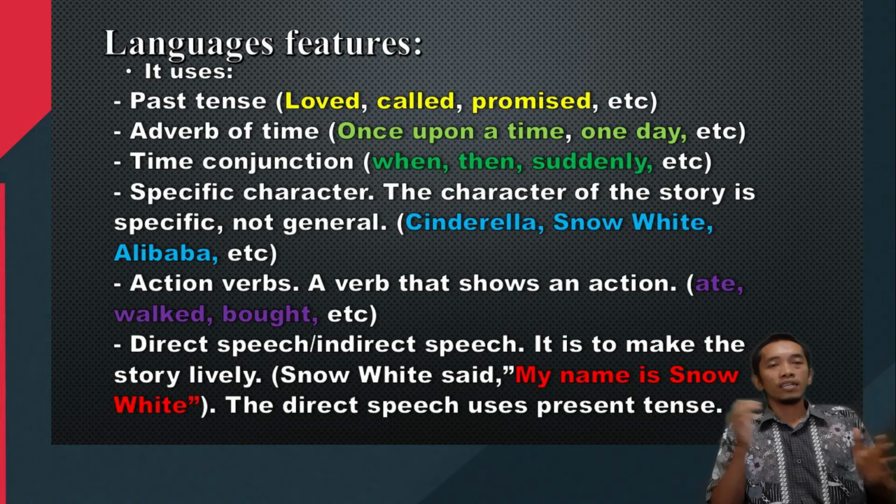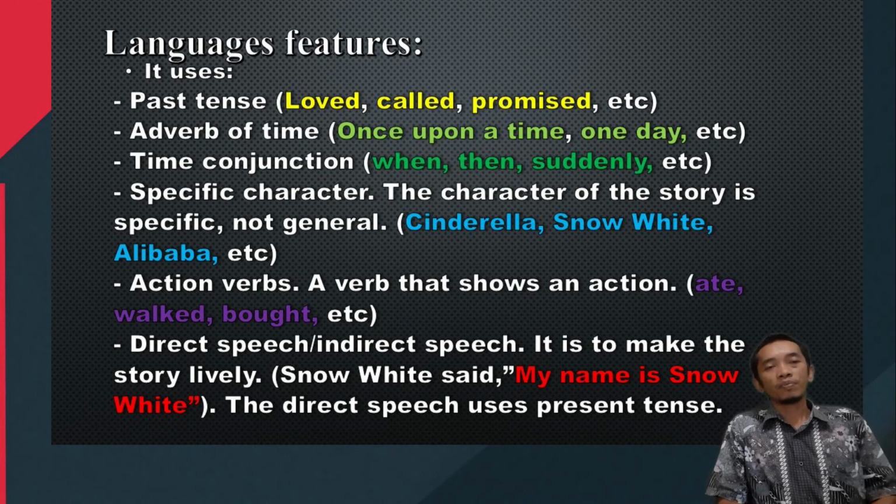Okay, here we are. This is an example of narrative text in the form of fairy tale. Why is this text called a fairy tale? Because in the story we can find a fairy.